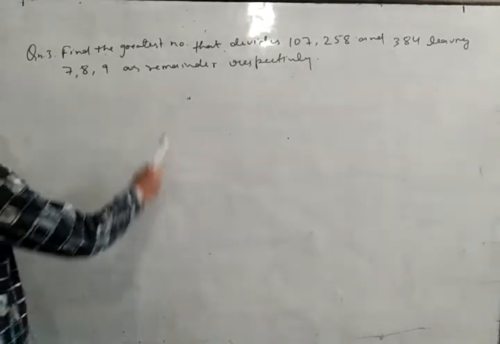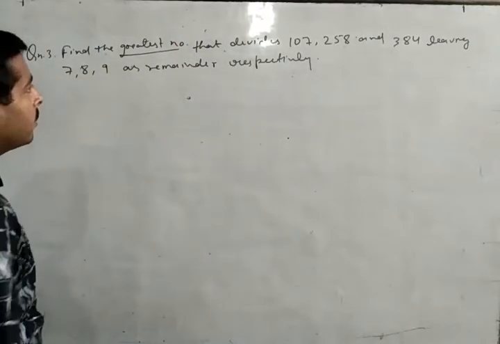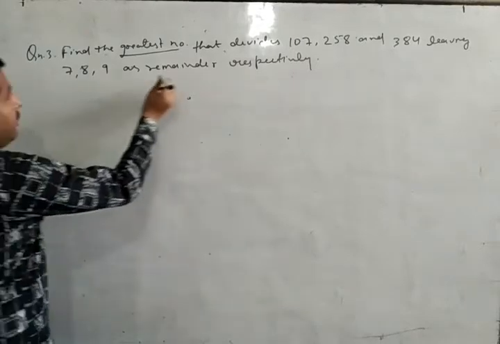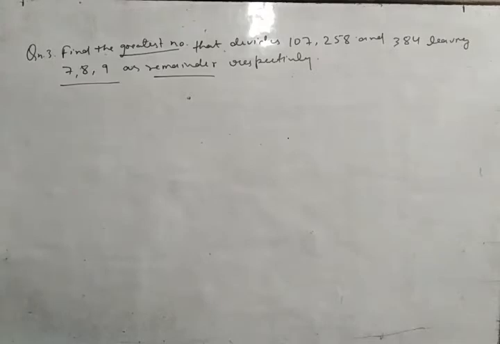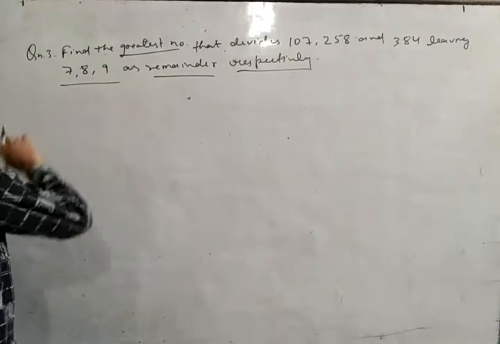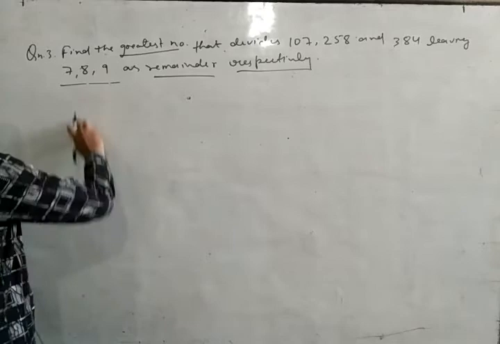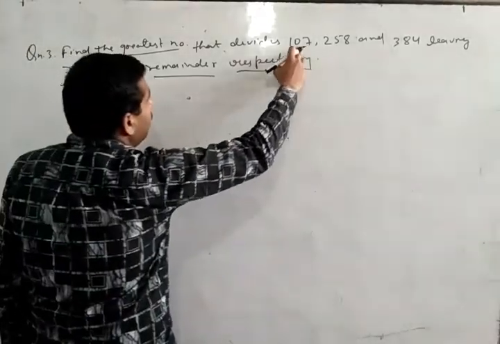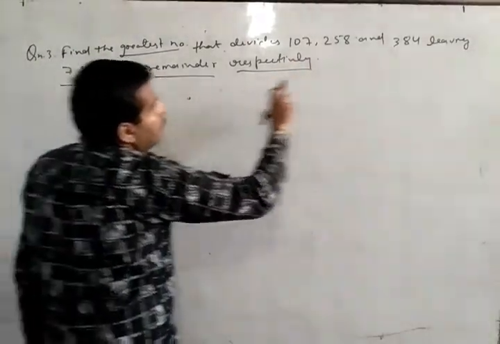Marking the words greatest number means you have to calculate the HCF. Again, remainder 7, 8, 9 means you have to find the HCF along with leaving some remainder. It is saying respectively, so there is not a single remainder. It is giving 7, 8 and 9, three remainders. Respectively means 7 will be for 107, 8 will be for 258 and 9 will be for 384.